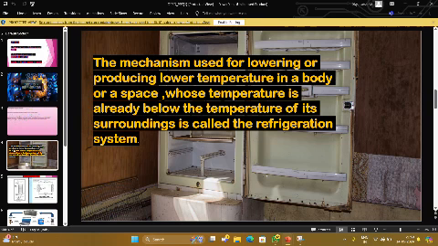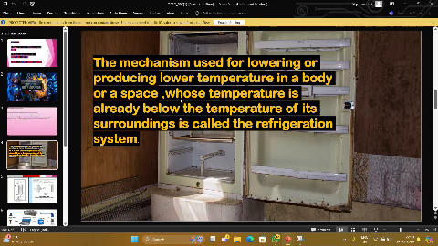Next, let's know what a refrigeration system is. The mechanism used for lowering or producing lower temperature in a body or a space whose temperature is already below the temperature of its surroundings is called the refrigeration system. As you know, the refrigeration system is used to make things cool, so the temperature is lower than its surrounding.